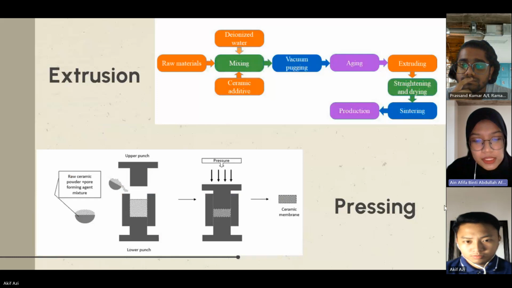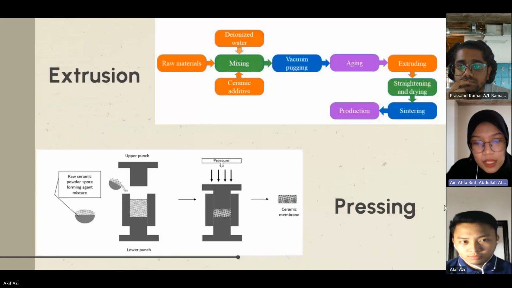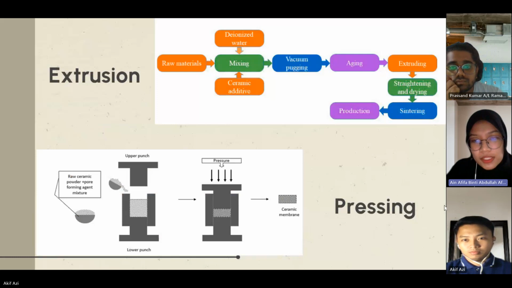As shown in this figure, the stages of making a ceramic membrane support by extrusion could usually be simplified into six components comprising mixing, vacuum pugging, aging, extruding, straightening, and drying, and the last one is sintering.